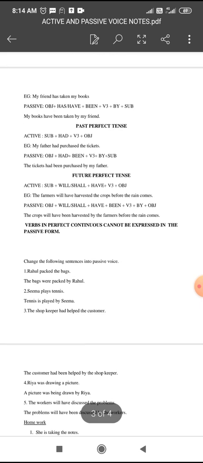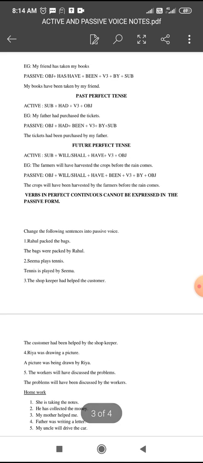For continuous we have given the word B-E-I-N-G. For perfect we are giving the word B-double-E-N, plus already V3 is given in active, same V3 will come in passive also, plus by plus subject. My books have been taken by my friend.